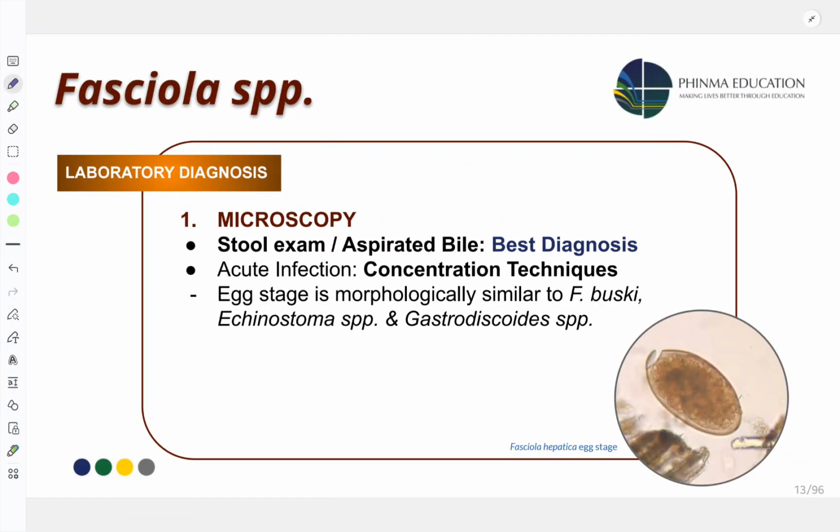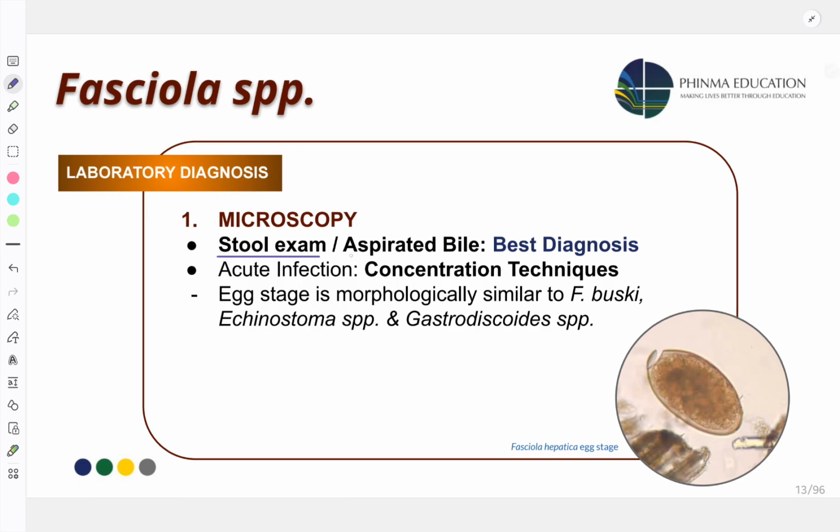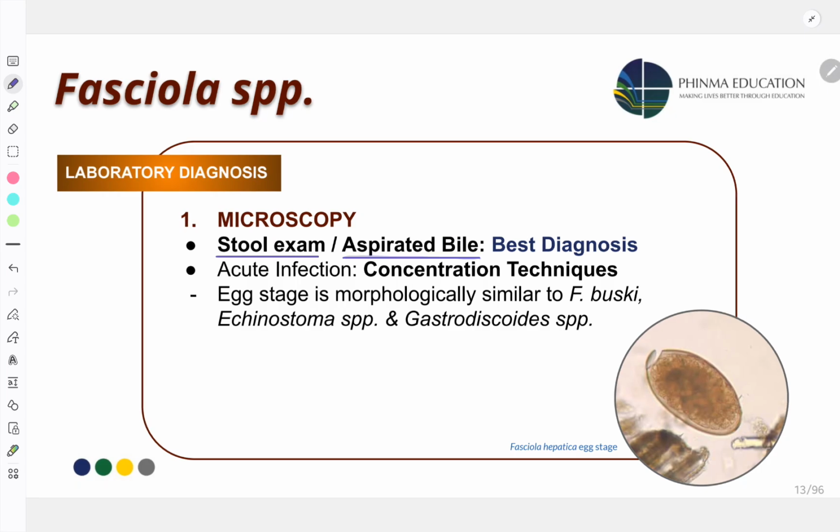So, how do you diagnose fasciola, no? Of course, the stool, as the ova are passed to your stool. Kaya diba, from the liver, it's released to the bile, to the stool. Or possible also to use the aspirated bile. Diba? Kaya remember, they stay sa inyong bile duct. So, kani siya ang best for the diagnosis, microscopy gyapon.